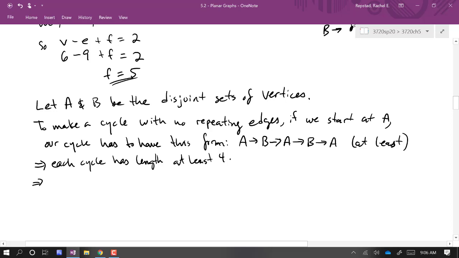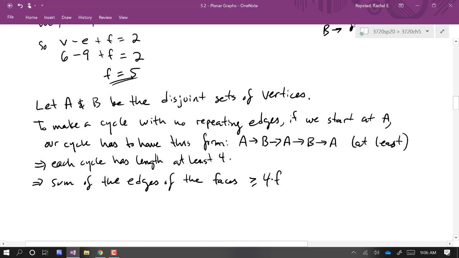So that means that the sum of the edges of the faces is at least 4 times the number of faces.